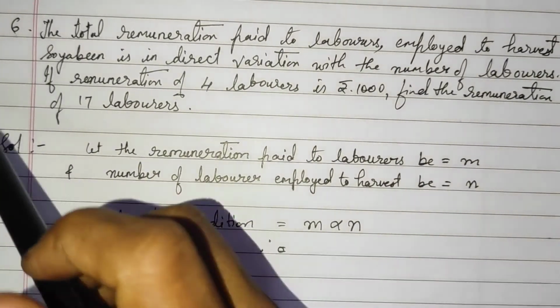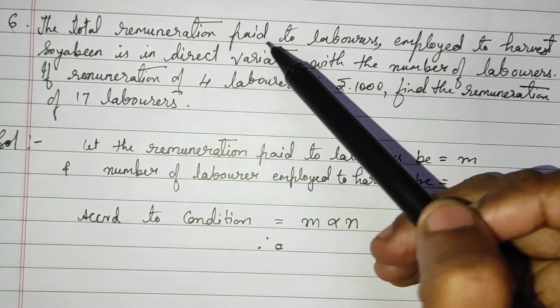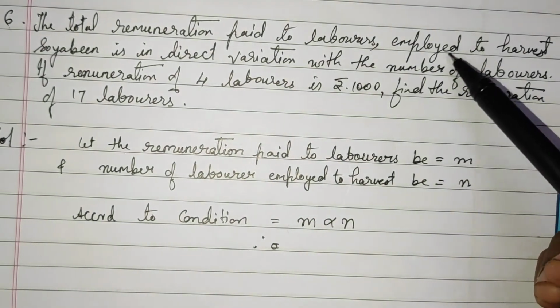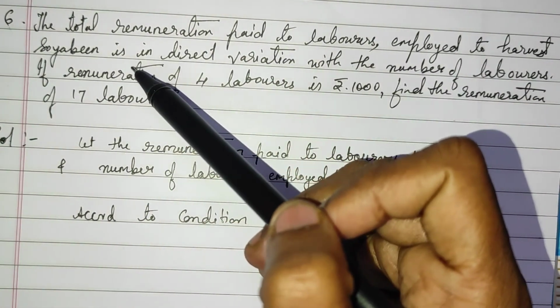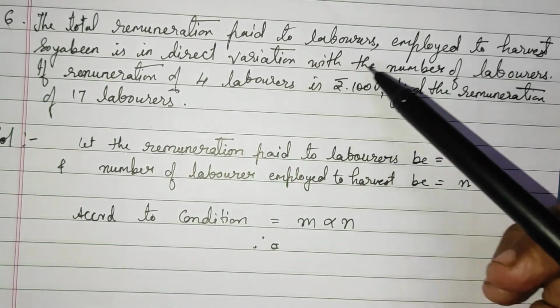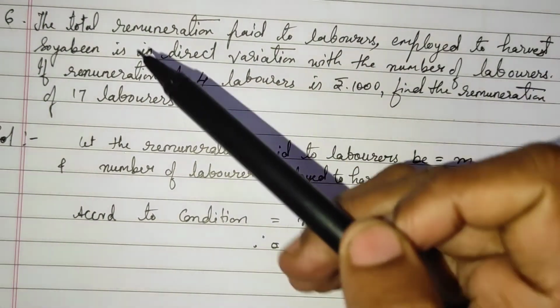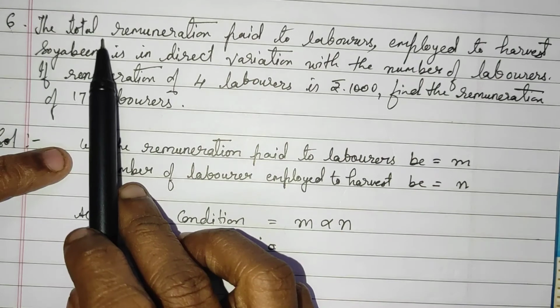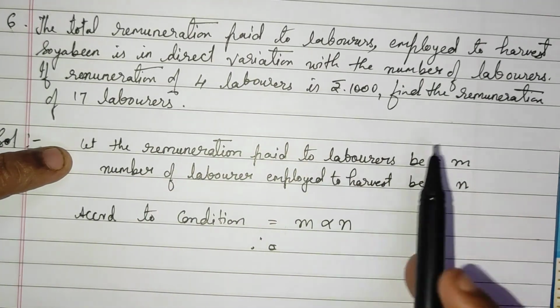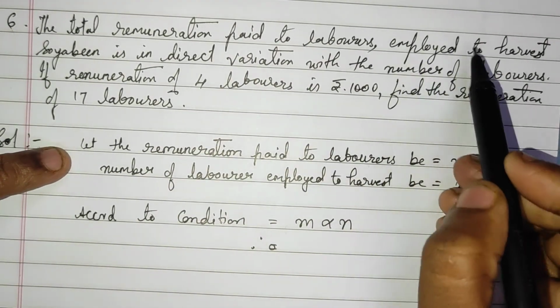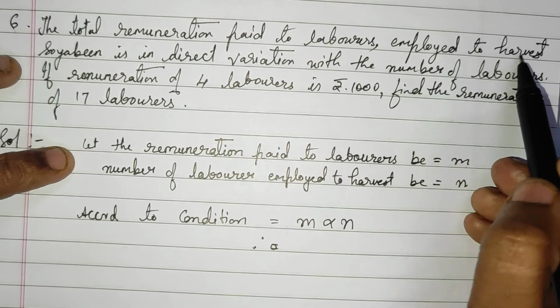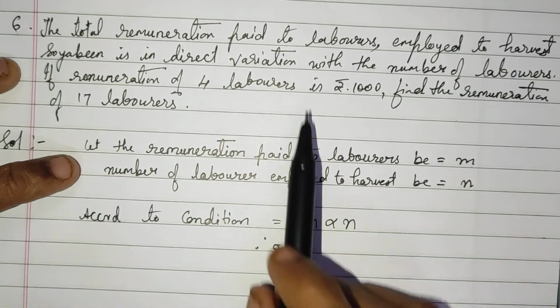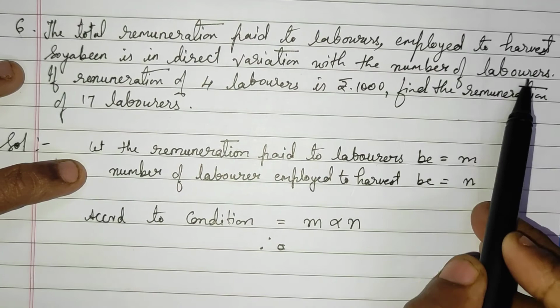For sixth sum, the total remuneration paid to laborers employed to harvest soybean is in direct variation with the number of laborers. So see, this remuneration paid to laborers, let it be M. Then what they are saying, to harvest soybean is in direct variation with number of laborers.